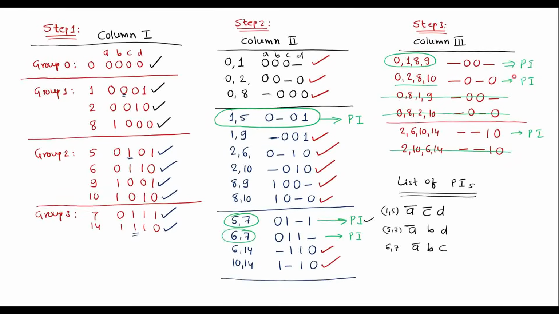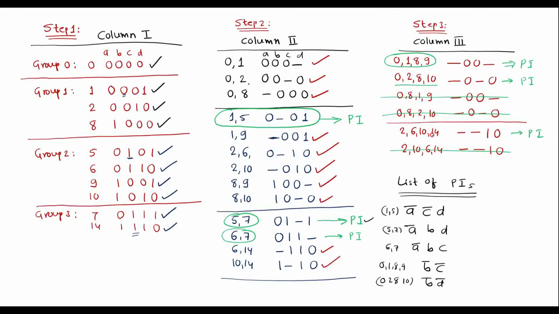Now in column 3 we have the first one, that is 0 1 8 9, that is dash 0 0 dash, which means B bar C bar. Similarly, this is prime implicant 0 2 8 10, that is dash B bar D bar, B bar D bar.